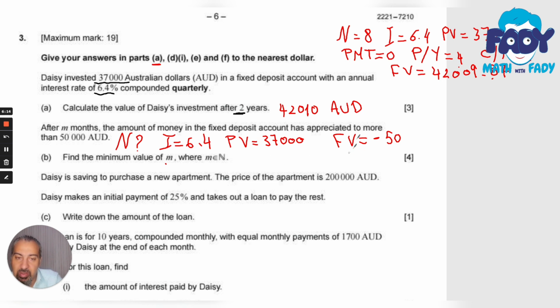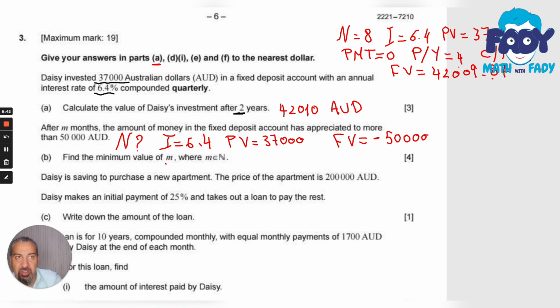One of them should be negative, and then the calculator will be able to calculate it. So FV will be negative 50,000, and PY, CY, and PMT are still the same, and we need to calculate N.